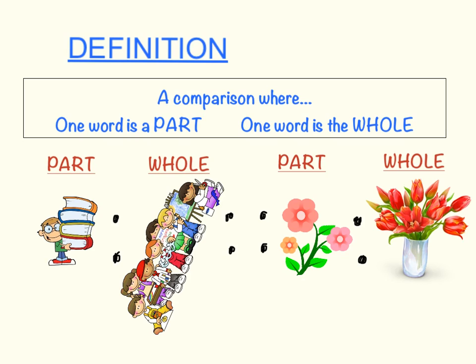So our analogy ends up being student is to class as flower is to bunch. And another way to read that would be a student is part of a class, just like a flower is part of a bouquet.